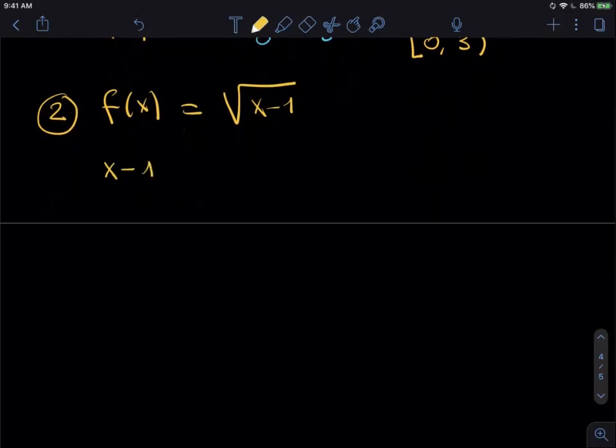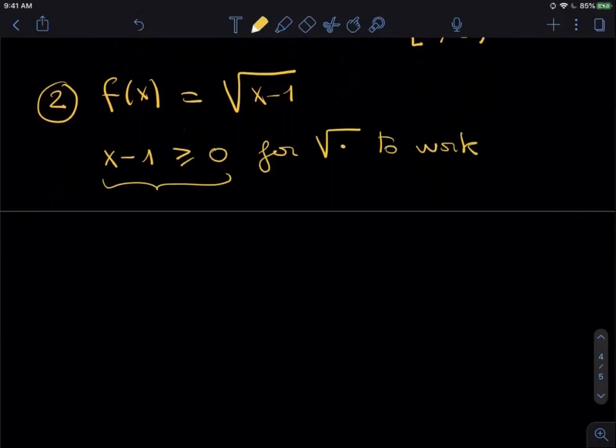So I need x minus 1 bigger or equal than 0 for the square root to work, correct? So here we have our domain. So if x minus 1 has to be bigger or equal than 0, that means that x has to be bigger or equal than 1.